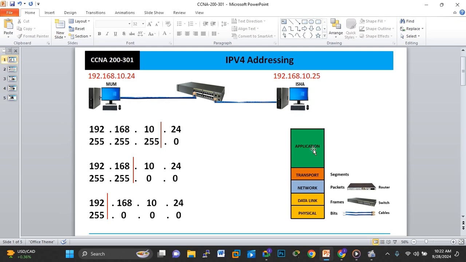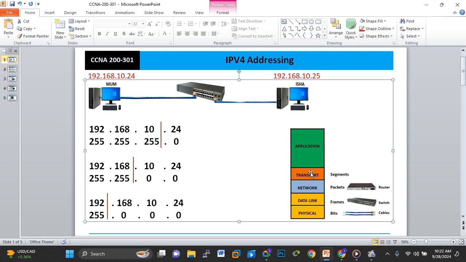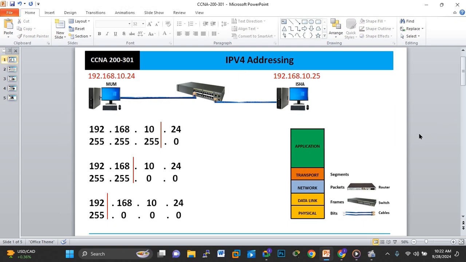Now you can see here application, transport, network, data link, and physical. For example, we already know from our previous lesson that when Mom is within the application layer, she is using something like HTTP, and within the transport layer she's using what we call TCP, UDP.